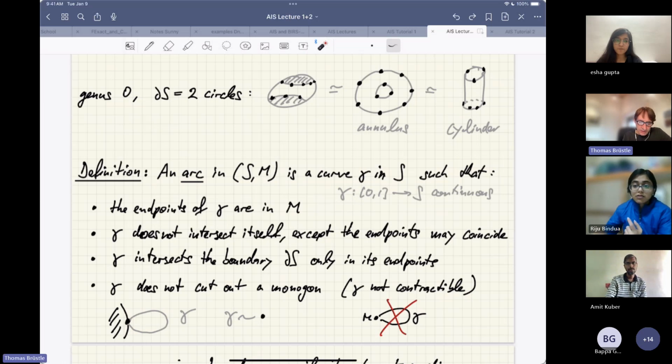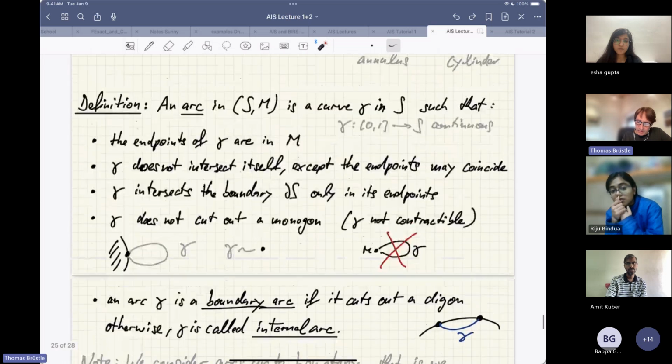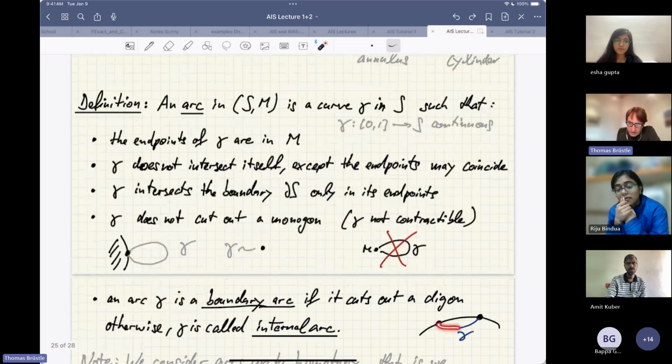There's another case which is similar to this. What happens if I consider a curve gamma that goes between two points on the boundary? So there's the boundary and there's gamma, and gamma can be moved to the boundary. So I can move gamma continuously to here.